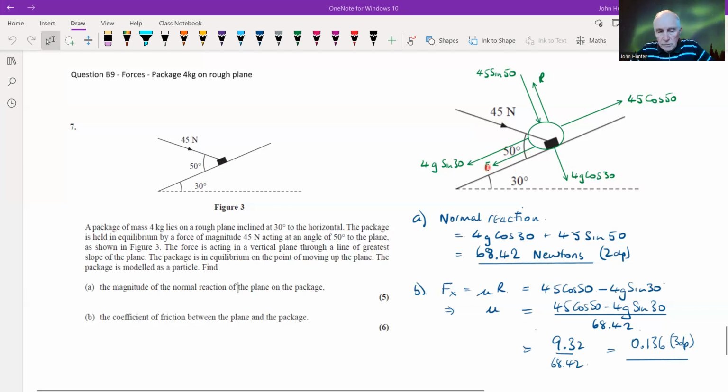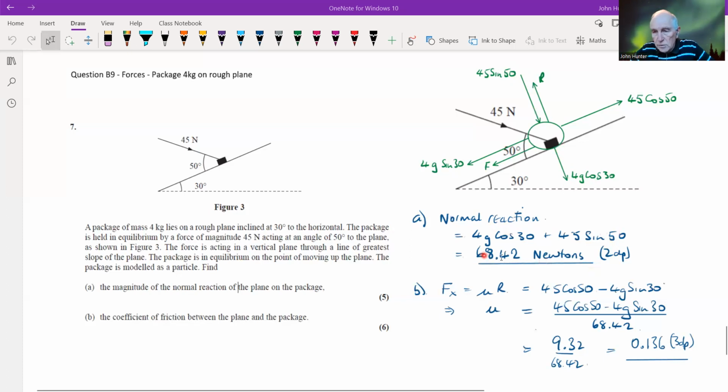Now we'll come back to friction in a moment. Let's have a look at part A again, magnitude of the normal reaction of the plane on the package. So that is the size of this force here. Right, okay, so what we're saying therefore is, we've got that force acting in that direction, but these two forces are acting into the plane, and so the normal reaction has got to be equal to the sum of these two here, and that's what we've got there.